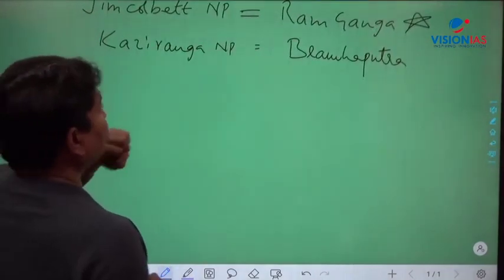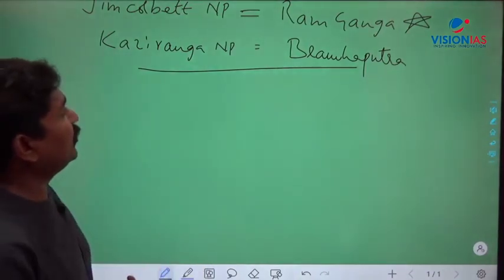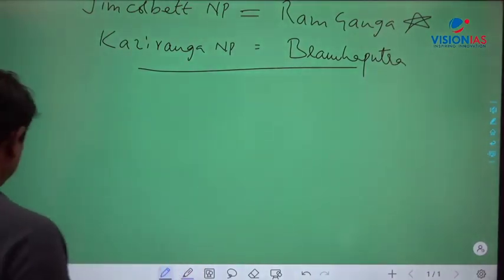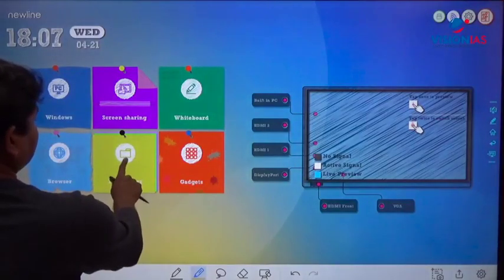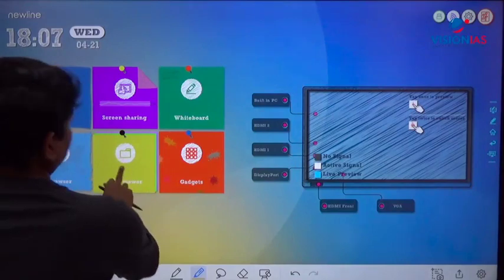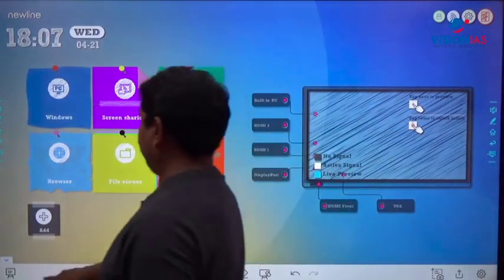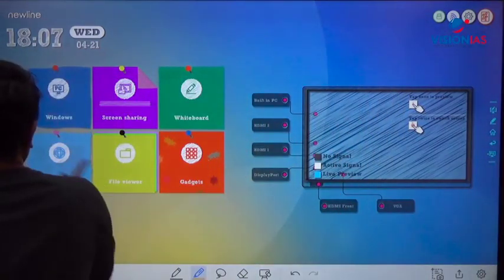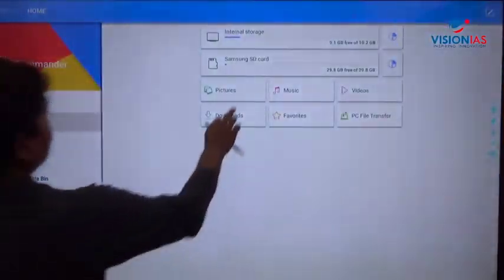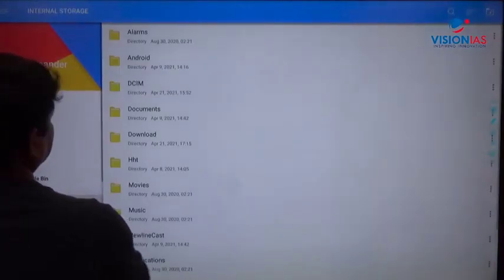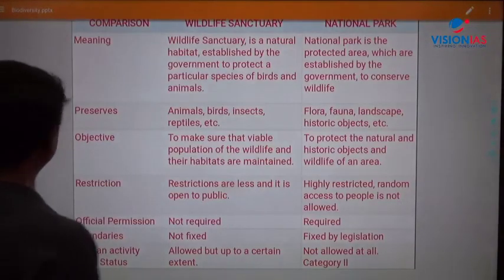This is about the national park, the rivers which are flowing into this one. Then coming to the other PPT file. Yes, now see here.